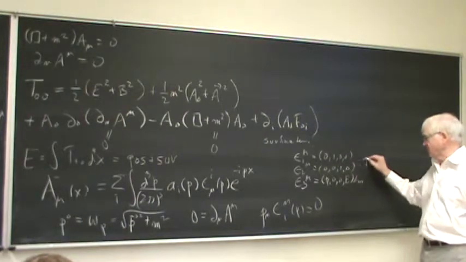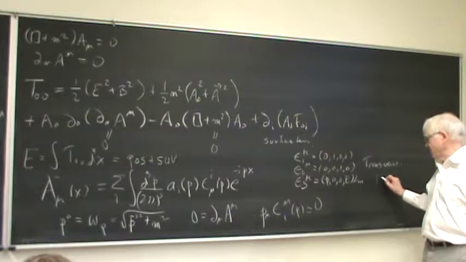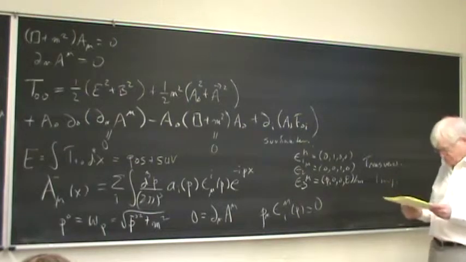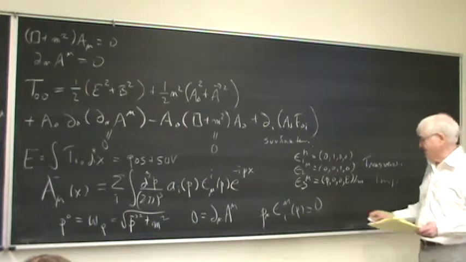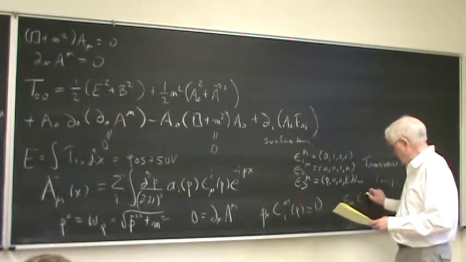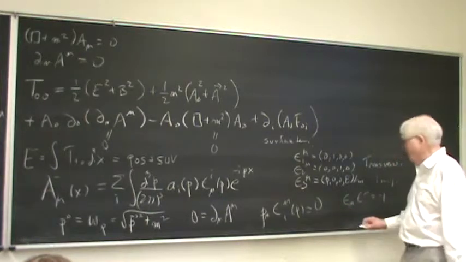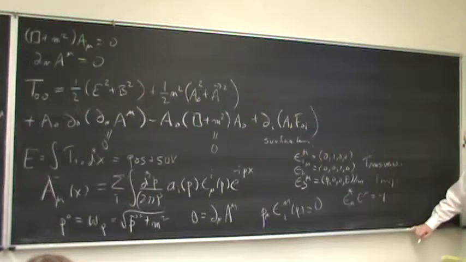These are the transverse polarizations. This is a longitudinal polarization. And these things are arranged such that epsilon squared is -1. Sometimes one uses complex polarizations. In that case, you say epsilon star dot epsilon is -1.